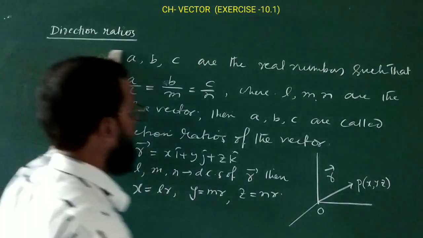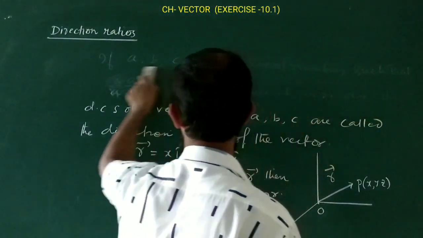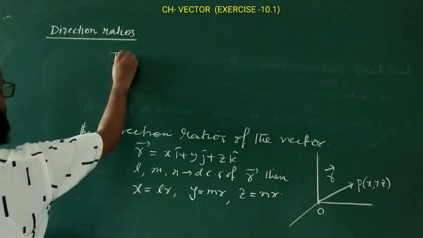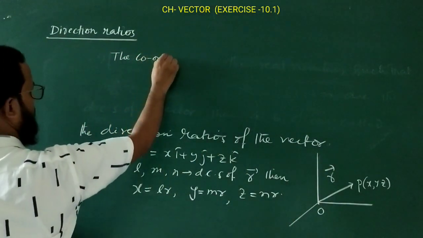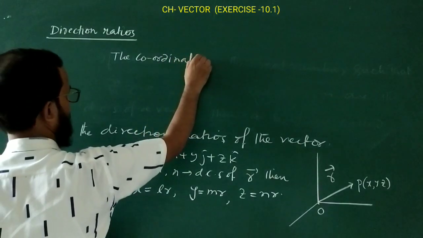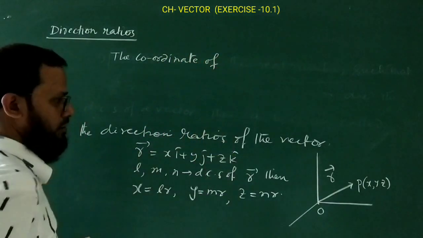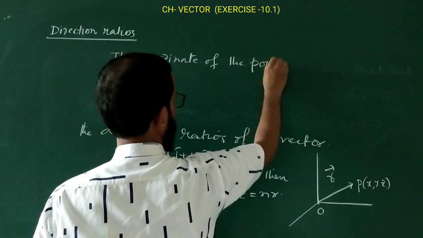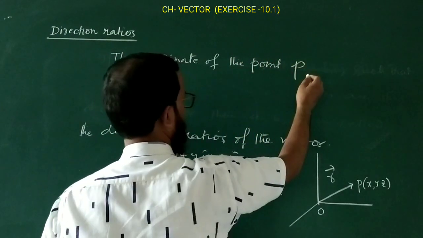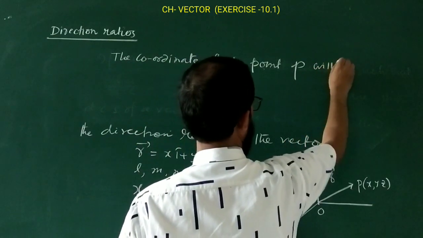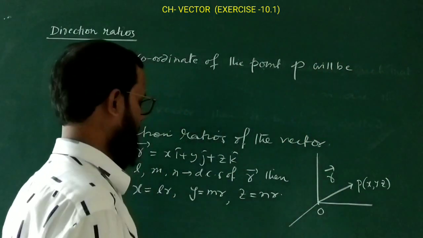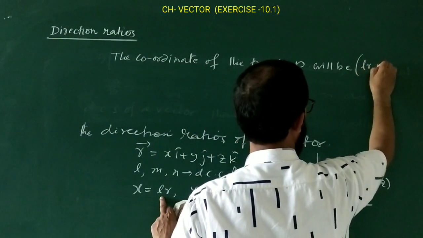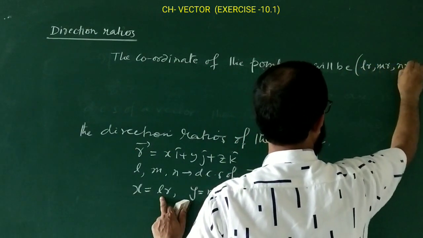And finally what do we get? The coordinates of the point P will be x replaced by lr, mr, nr.